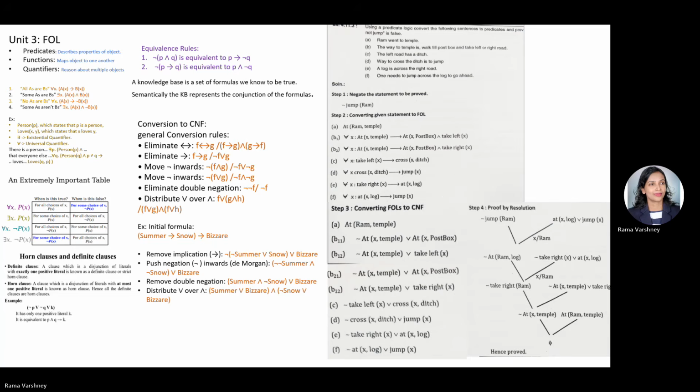Then take right, X at X log. Here X is substituted by Ram. Take right. We'll cut it from this. Take right.